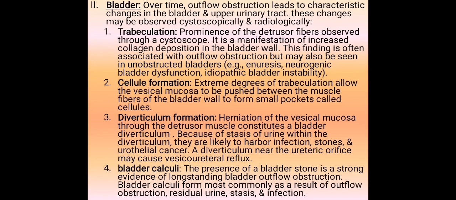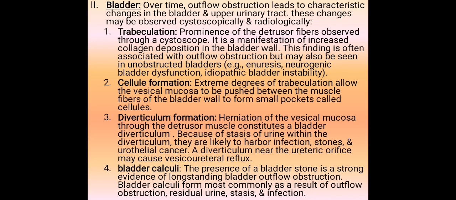The bladder over time, with outflow obstruction, will develop certain changes. These include, first, trabeculation, which is a prominence of the detrusor fibers observed through cystoscopy.